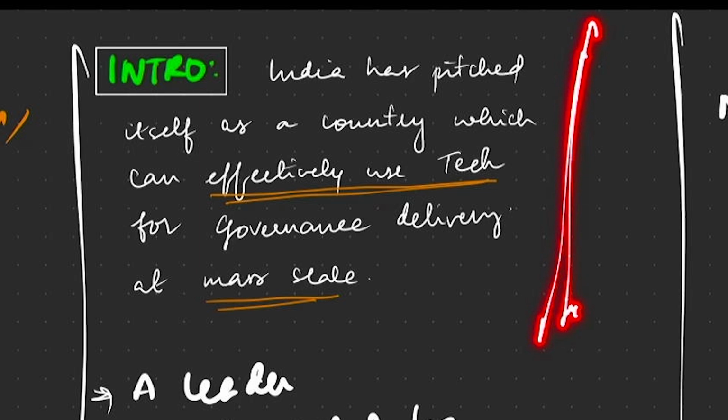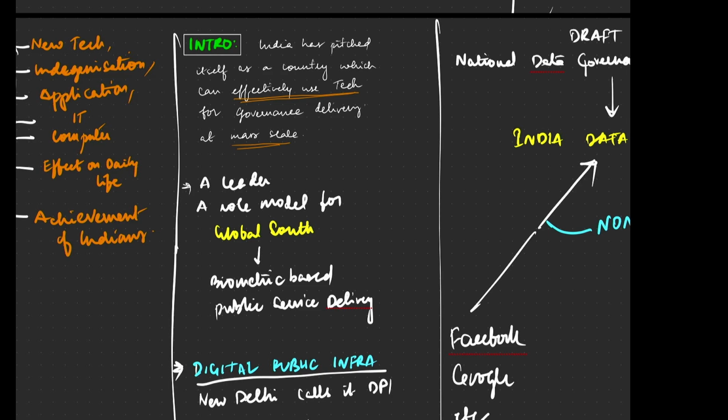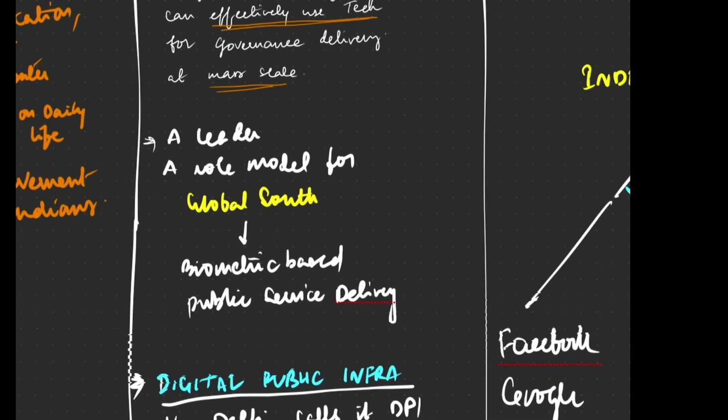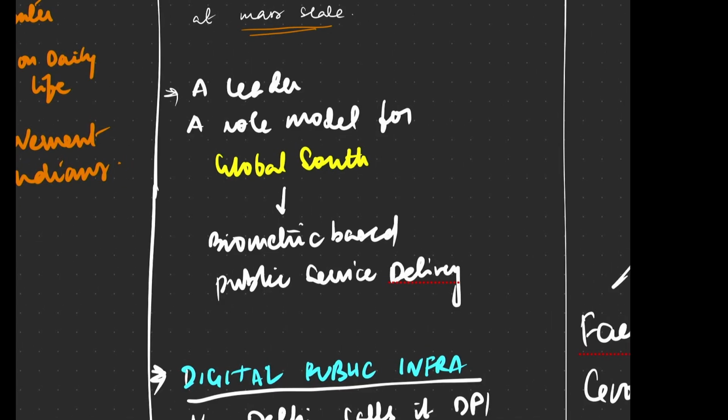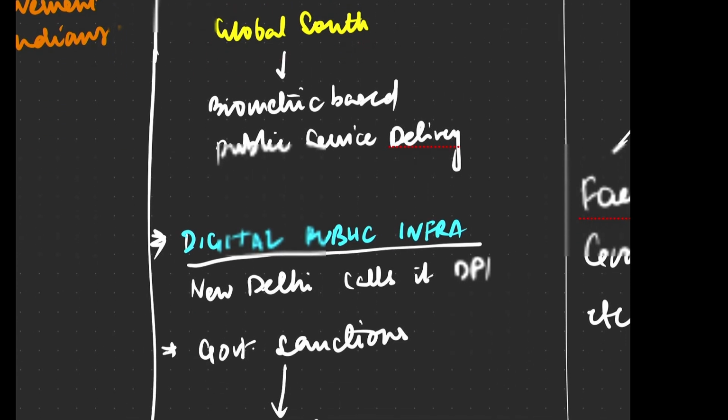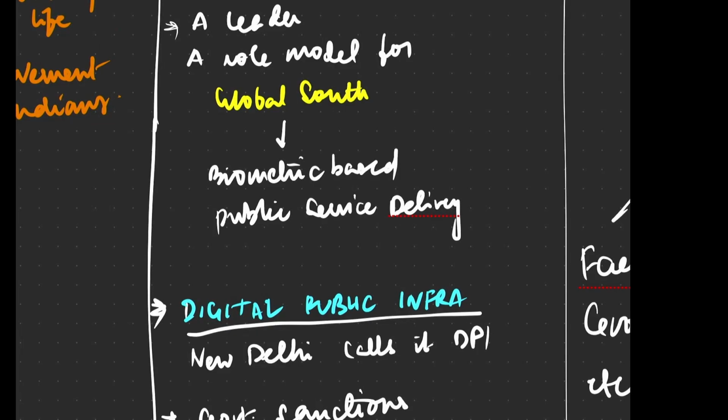It says India has pitched itself as a country which can effectively use technology for delivery of governance at mass scale. Because of this, it has established itself as a leader, a role model for the global south, in dealing with technology to solve problems at mass scale.